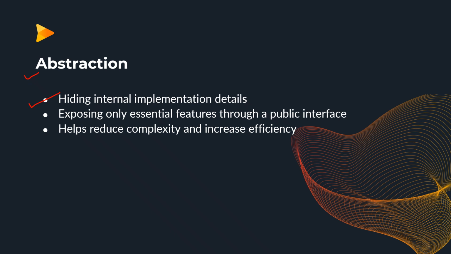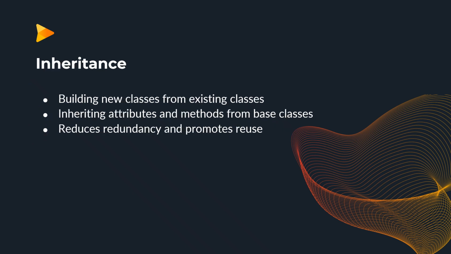It just tells what the program does, but not how it is going to execute. It hides internal implementation details, exposes only essential features through a public interface, and helps to reduce complexity and increase efficiency.